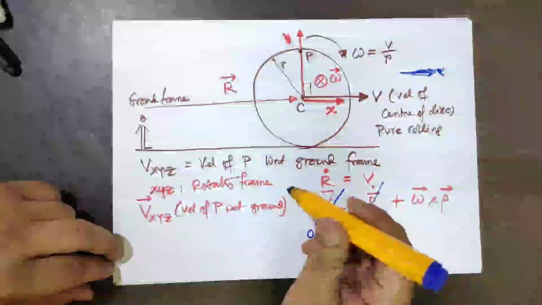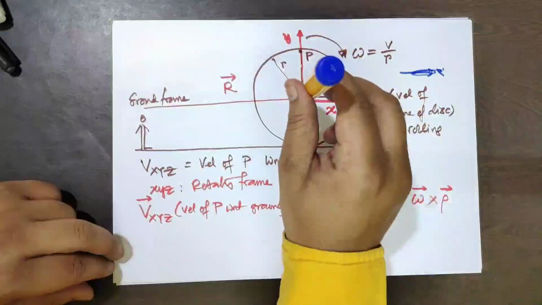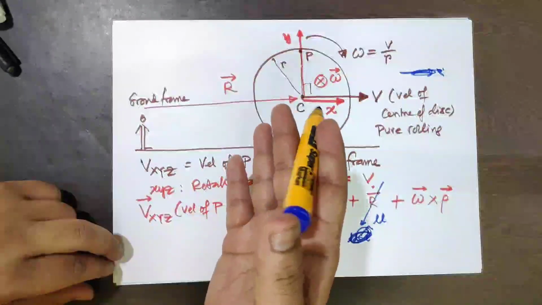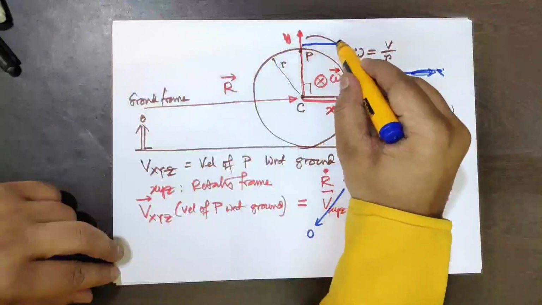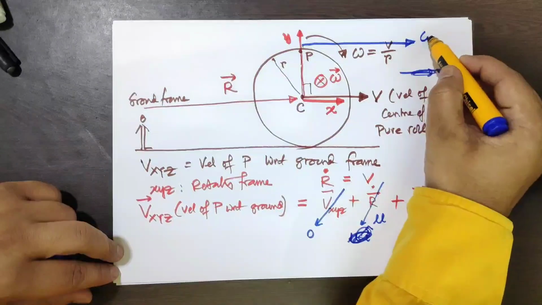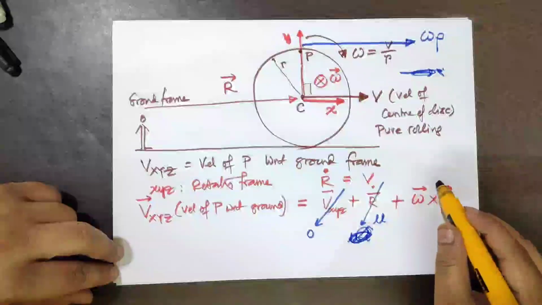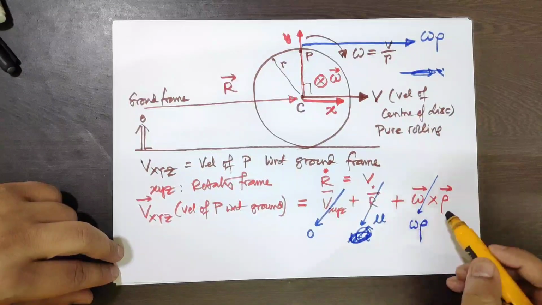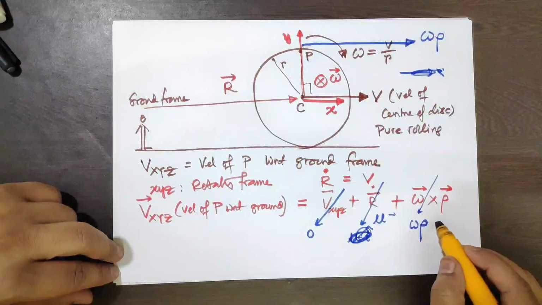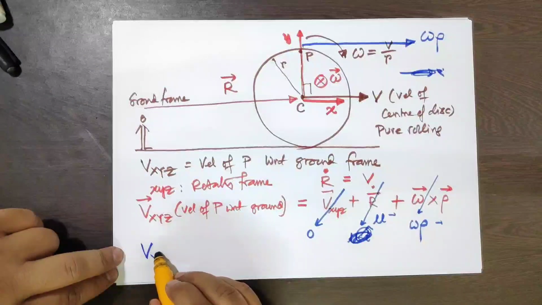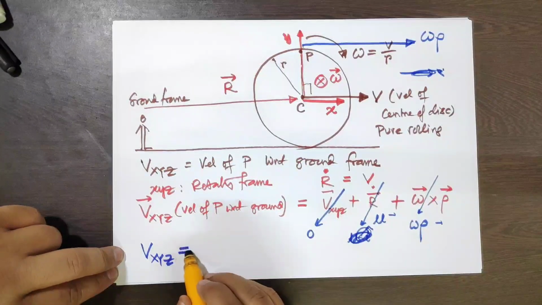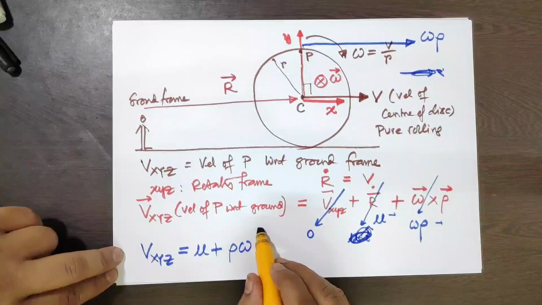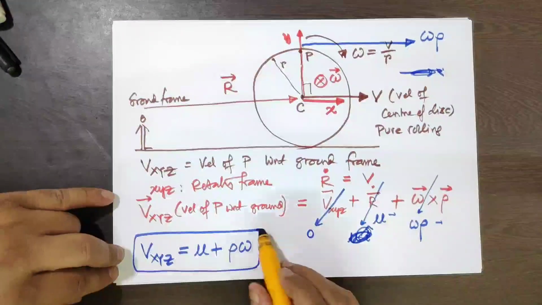Omega is into the plane of the paper, and rho is there, so omega cross rho is this way. So this value will be rho omega towards the right. So this v capital XYZ is u plus rho omega towards the right.